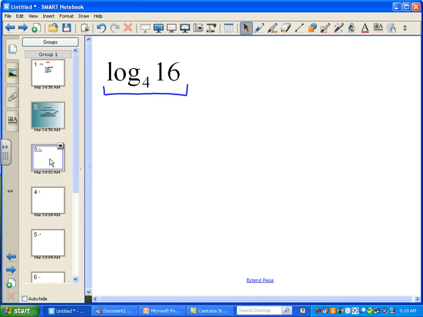Math is all about taking these questions or statements and simplifying them down to a more condensed notation so that everyone can understand what it means and it doesn't take up a lot of space. So when I see log base 4 of 16, it's asking, what do I raise 4 to get 16? And the answer here, if you remember, is just 2. So without a whole lot of fanfare, I can just say log base 4 of 16 is 2.